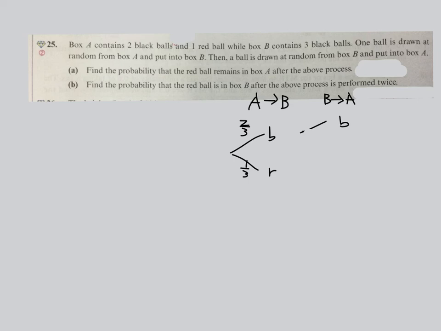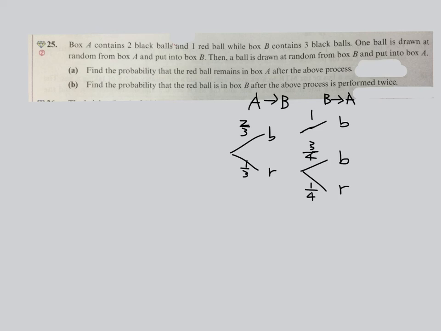You can mark down the probability is actually 1 here. If I put a red ball from A to B, then now I have 4 balls in total. 3 of them are black, and 1 of them is red.